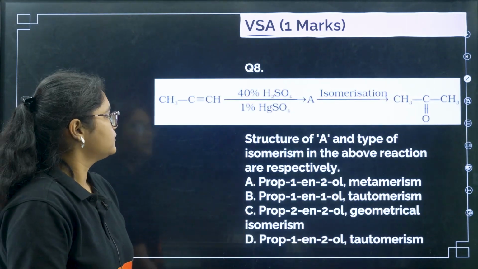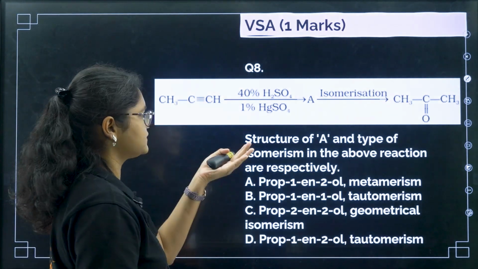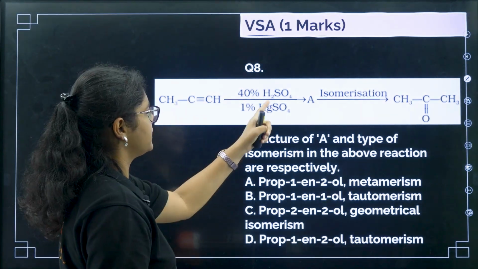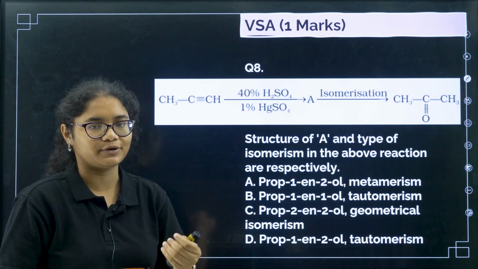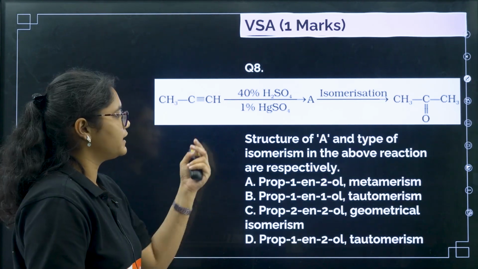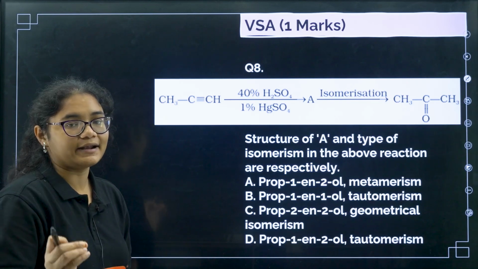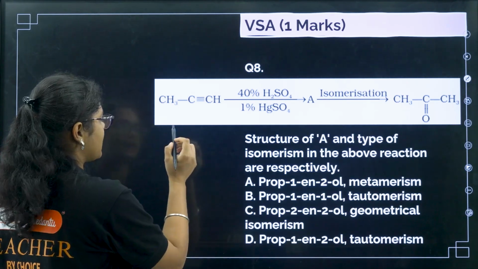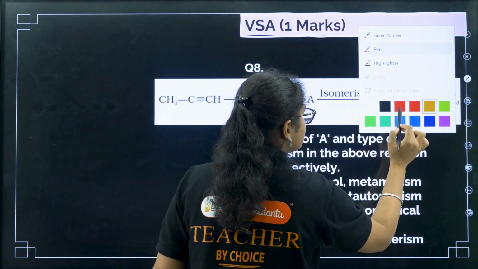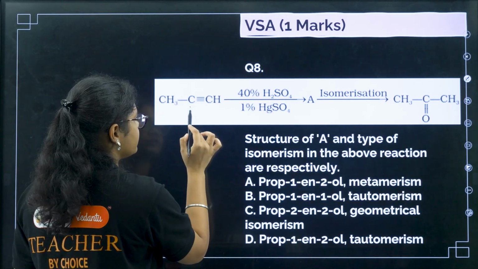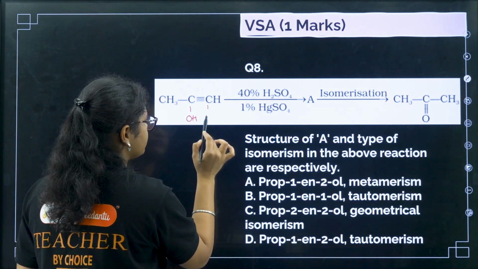Now next question. This is a reaction based question: H2SO4, HgSO4, oxymercuration and demercuration. What will happen? We'll get an enol in the first case where H and OH are added following Markovnikov's rule. This carbon has fewer hydrogens, so OH will attach here and H will attach here.